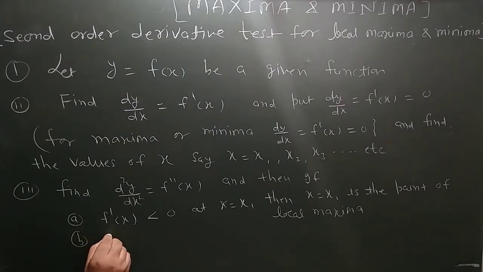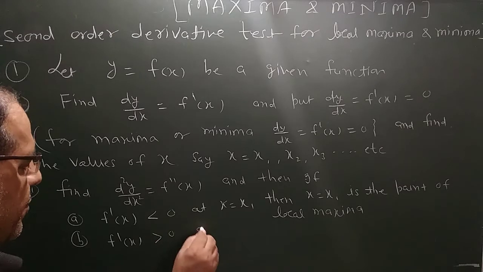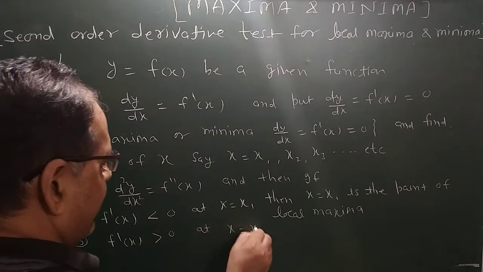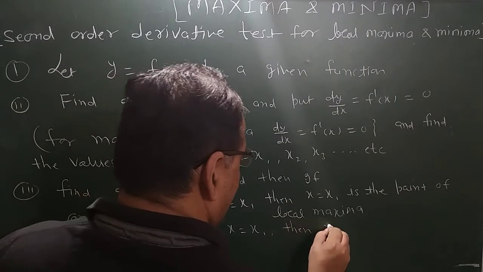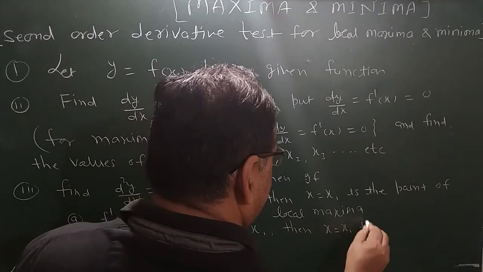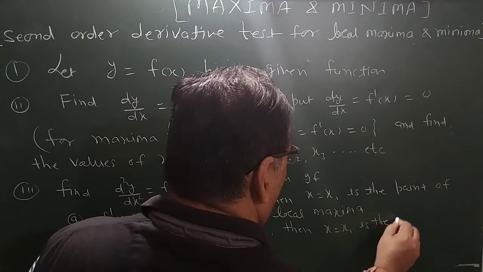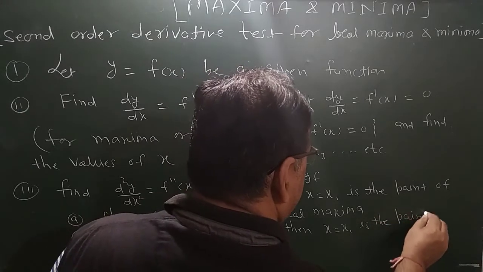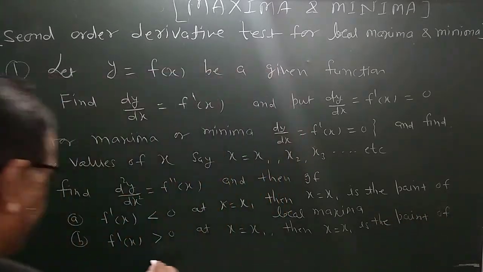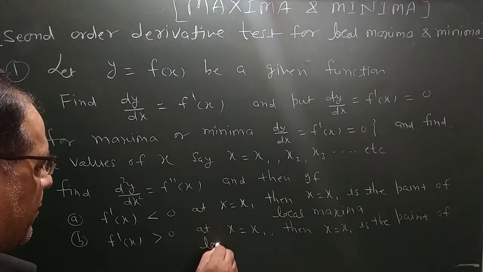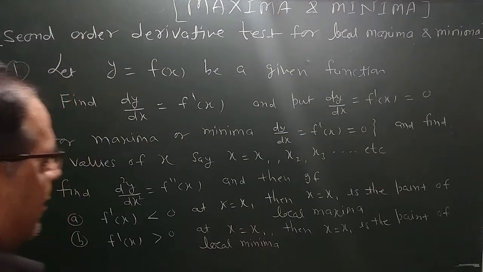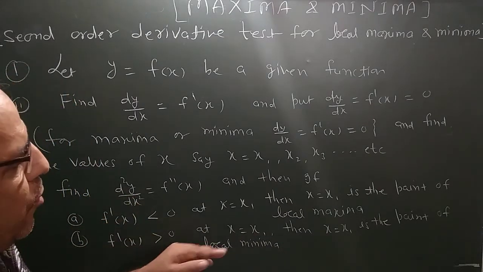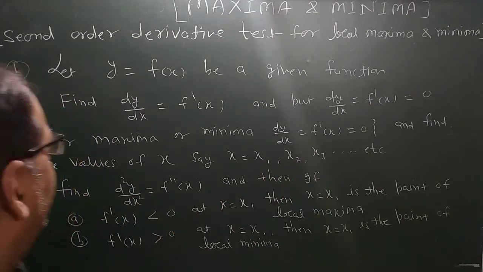Condition B: f double dash x greater than 0 at x equal to x1. Then x equal to x1 is the point of local minima. This process will be followed for all the values of x.